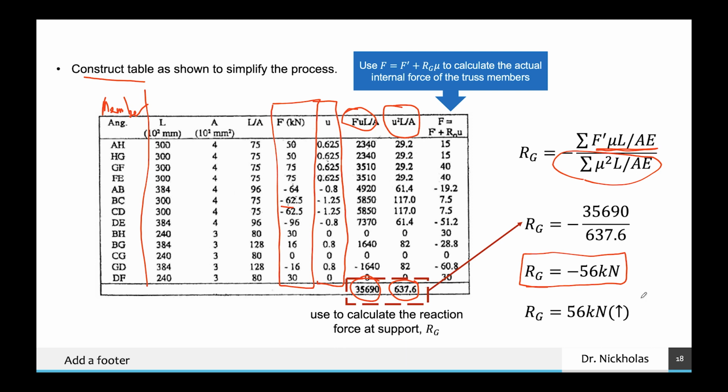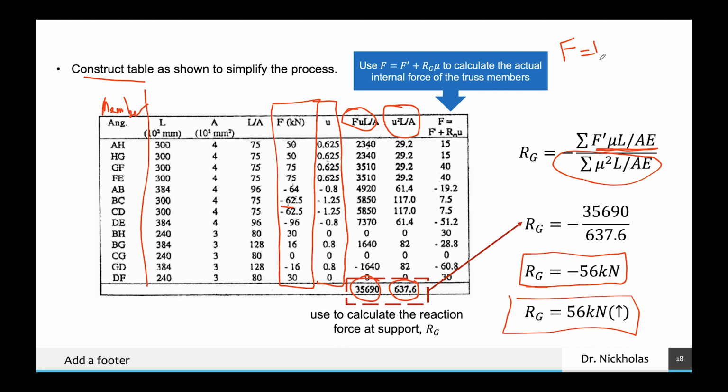After that, we put this value into this equation: F equals F prime plus Rg times F bar.